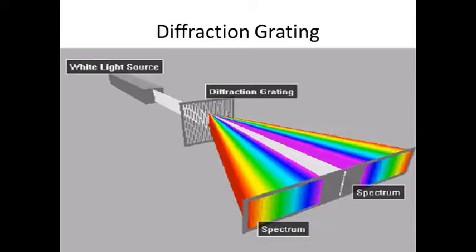And in this image, this is an illustration of basically what a diffraction grating does. And really all a diffraction grating is, is a large collection of very small slits that the light passes through.